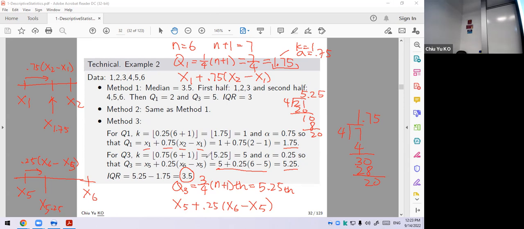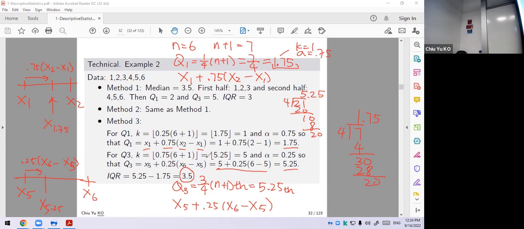Remember the triangle we were doing, all the math there. But that is a formula, and it's the one you usually find in Excel. So if you ask me what you should do in the assignment or your exam, this is the third method.